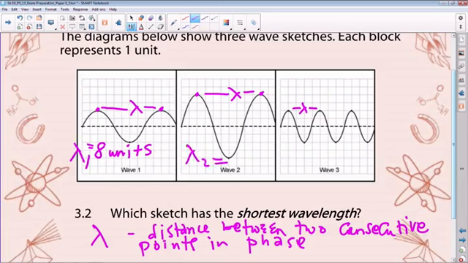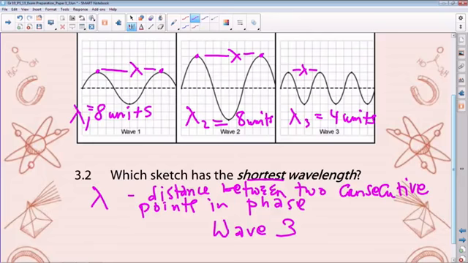Which is equal to that of wave 1. So lambda 3 is 1, 2, 3, 4, which equals 4 units. Now this is actually half the wavelength of the other two waves. So for that reason, we can safely say that the one that has got the shortest wavelength in this case is wave 3.